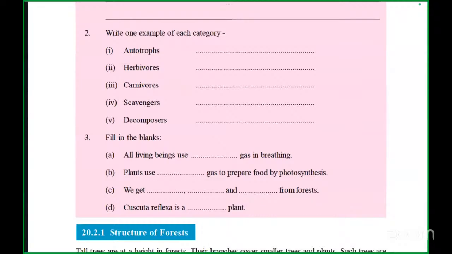When plants prepare their food using sunlight, they use carbon dioxide gas. Correct.